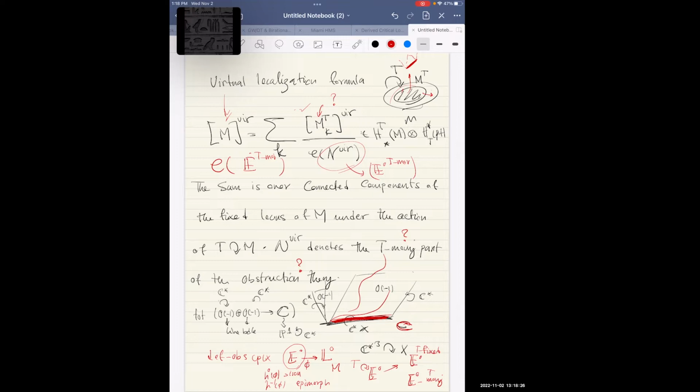But this normal bundle is the normal bundle to the torus fixed locus of the moduli space. So this object in the derived category, this E dot, senses the action of the torus and it decomposes. This object E dot decomposes into E dot T fixed plus E dot T moving.